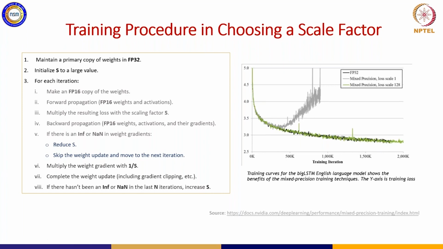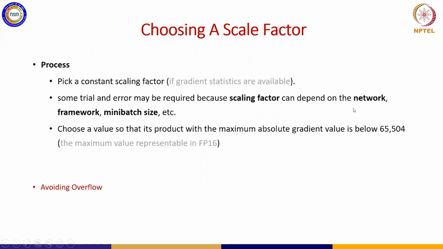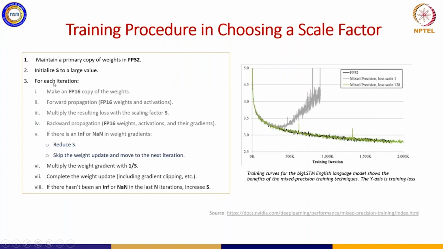Your model variable data type by default will be FP32. Then you initialize your scaling value to a large value. You just pick a large value which is less than the maximum value I mentioned here.